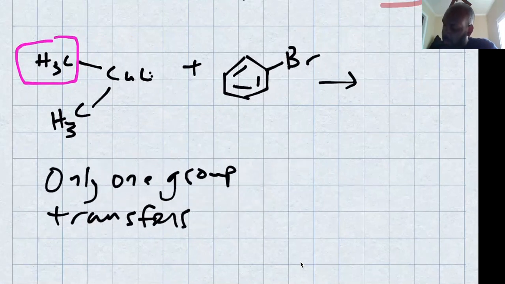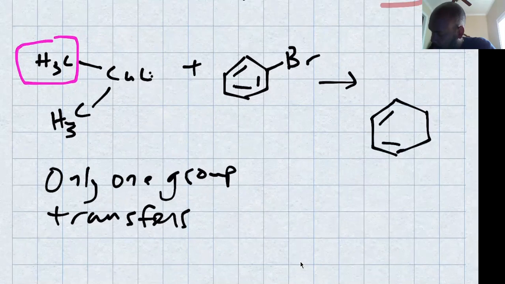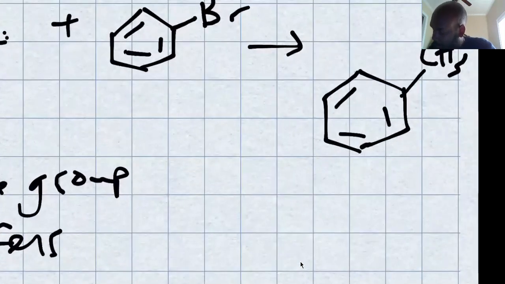So in the product, I'm going to have this. That's my coupling product. Let me zoom in and fix that three. So this is my coupling product.